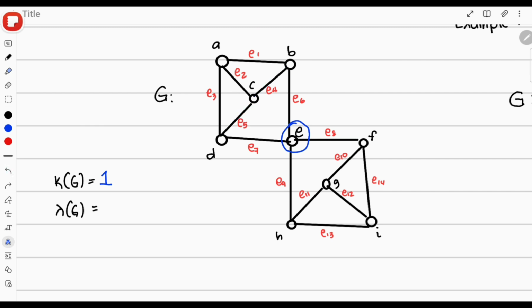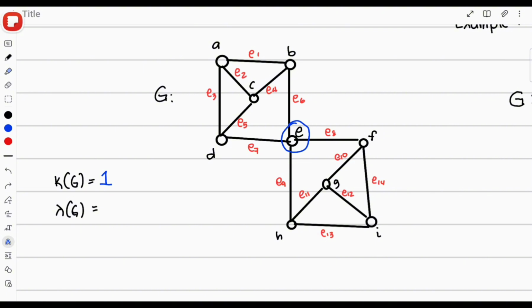Let's try to find one edge that disconnects the graph, because one edge is the minimum. But here, we cannot find even one edge that disconnects the graph.